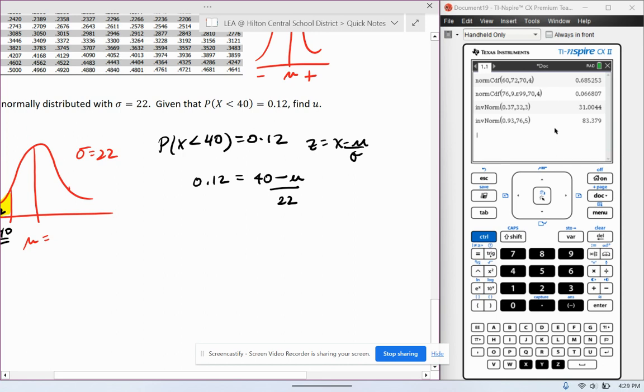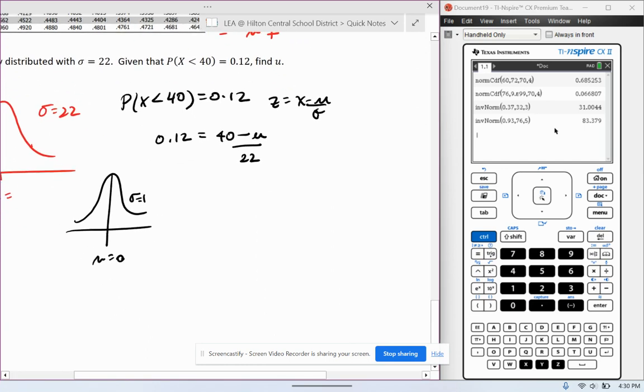So now we can use the inverse normal button to see what that area of 0.12 corresponds to on the normal curve, where the mean is 0 and the standard deviation is 1. Okay, this helps us to solve for our unknown of mu. So you standardize on one side with the z-score, and on the other side with the inverse norm and the standard normal distribution.